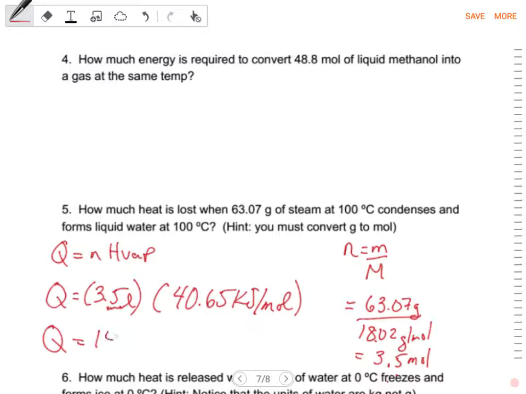That gives me 142.275. Remember, it's kilojoules. We put that to 3 significant digits, so it'd be 142 kilojoules. Plain and simple, not too bad. The only difference there is you had to realize you had to take your grams and change that into moles.